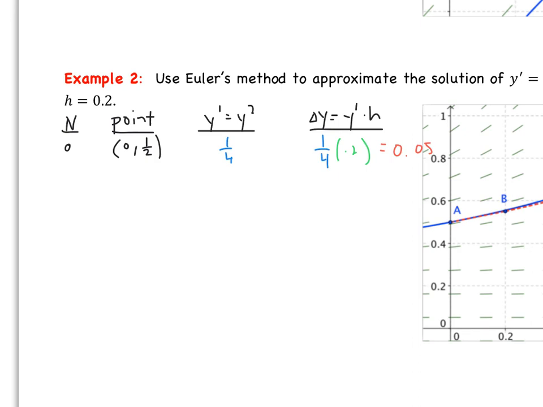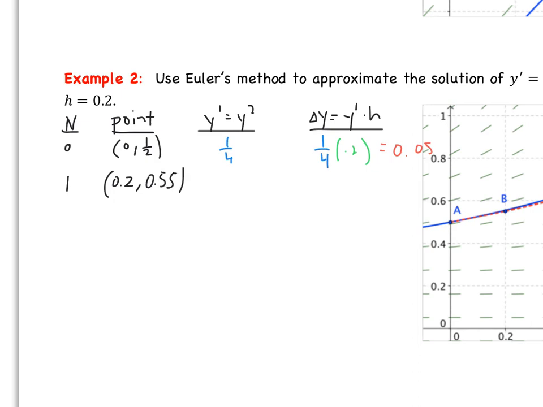Okay, so now step 1, our x value just goes up by 0.2, so we are now at 0.2. Our y value is 1/2 plus 0.05, so we're at 0.55.